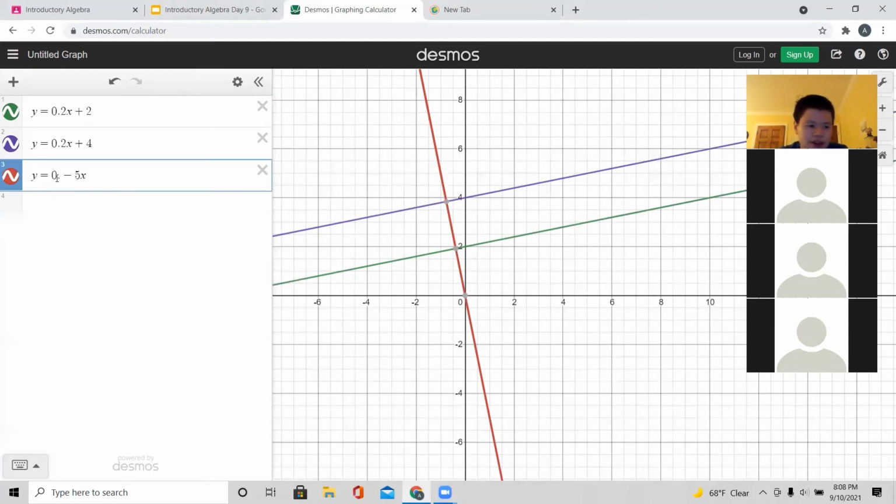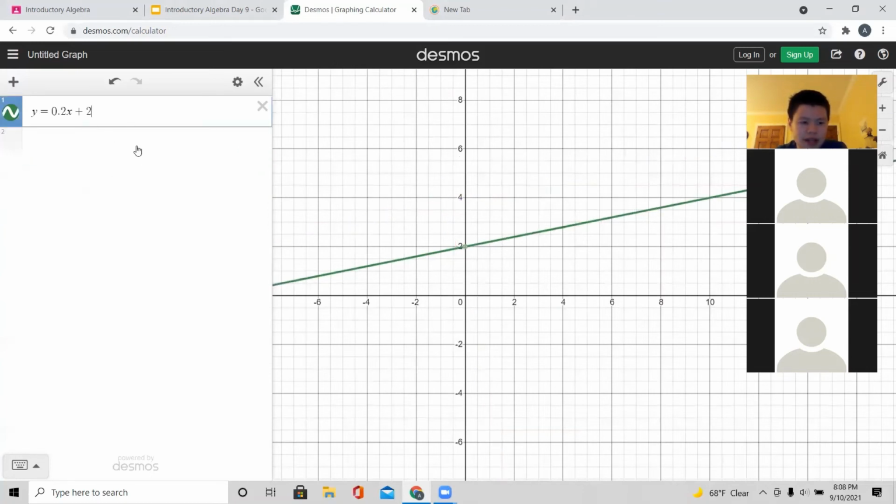So first of all, as I said before, the product of slopes is -1, 0.2 times -5. So let's keep this green line. And what if we wanted a perpendicular line that went through a point? Let's say 4, 0.